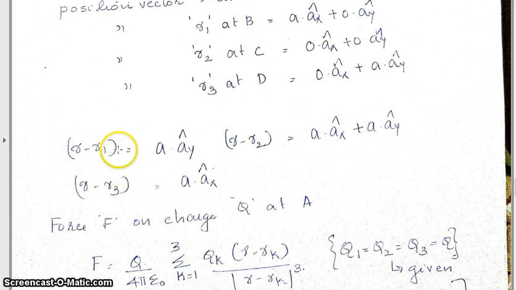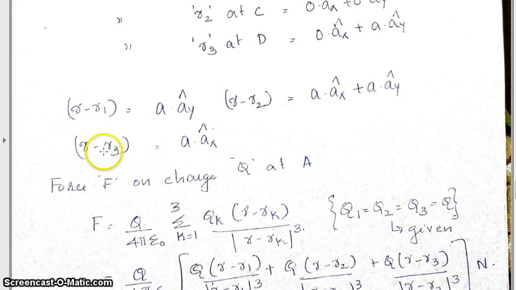The magnitude of R minus R1 will give you the square root of A square, that is A. Here, what is the magnitude of R minus R2? It is the square root of A square plus A square, that is root 2 A.